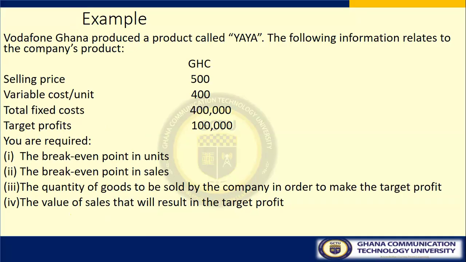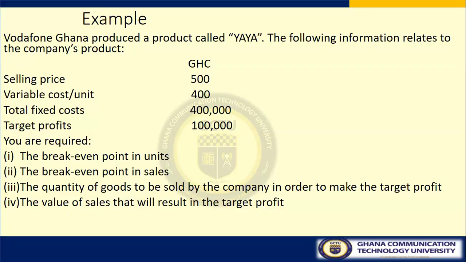We don't have contribution per unit in the question, so that's the first step. The contribution per unit is equal to selling price minus variable cost. The selling price is 500 and the variable cost is 400, so 500 minus 400 will give you 100. So the 100 becomes our contribution.